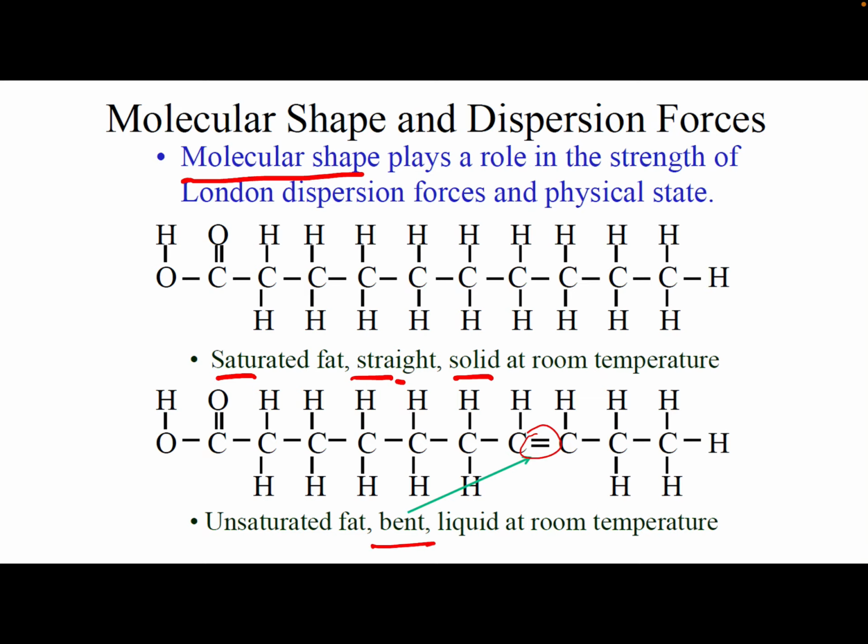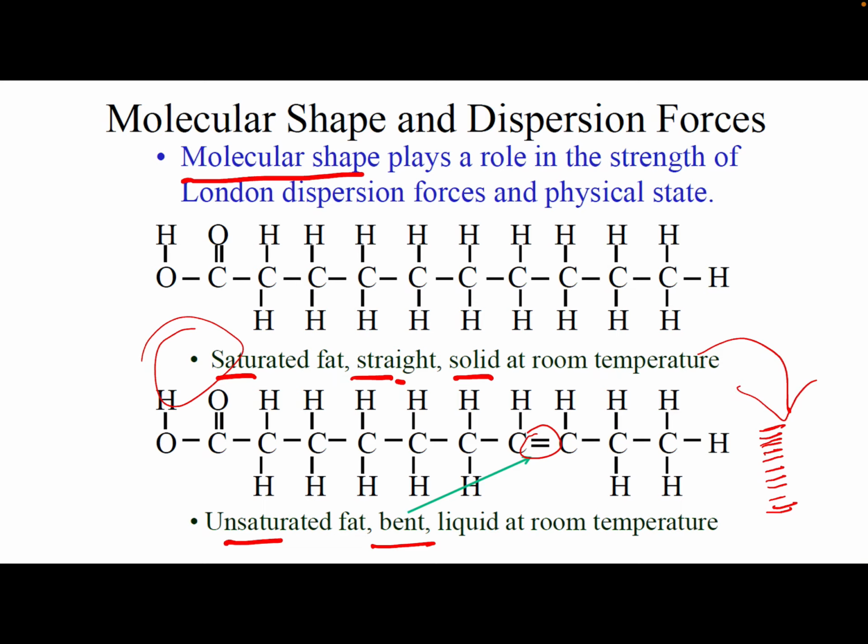So unsaturated fats are bent, and they stack up. It's like putting a bunch of coat hangers together. And so saturated fats stack up in things like your arteries, and they're super bad for you. So that is kind of the deal with unsaturated fats. Your saturated fats are going to stack up because they're straight, right?